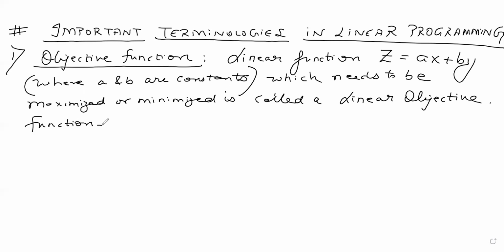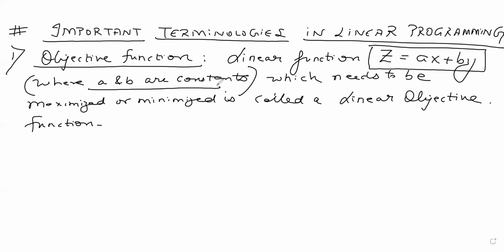So let's revise the definition again. All students can clearly see that z equal to ax plus by is a linear function where a and b are constants. You can clearly see it's a polynomial of degree 1.